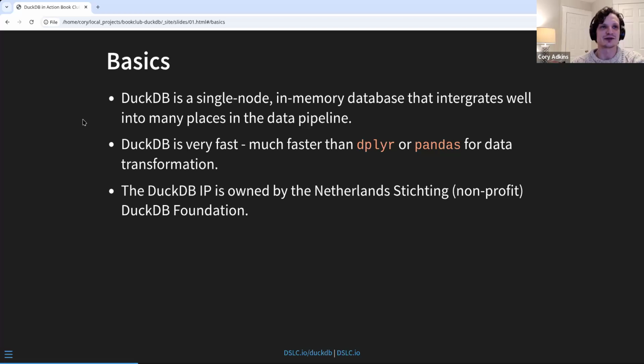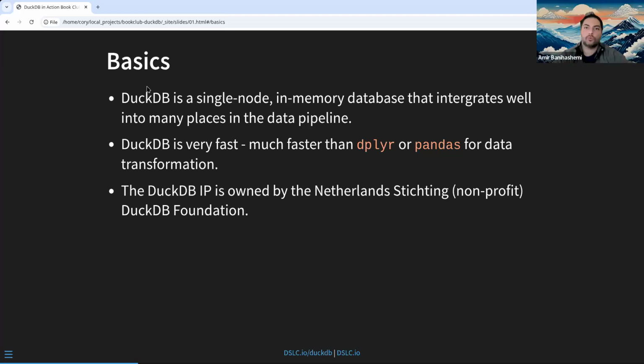If you have a virtual cloud instance with two CPU cores and 8 GB of memory, I think you could run DuckDB on that. Maybe because of the memory limitations you might start to have some issues, but it's pretty easy to install, definitely on Mac and Linux. I haven't tried to install it on Windows.